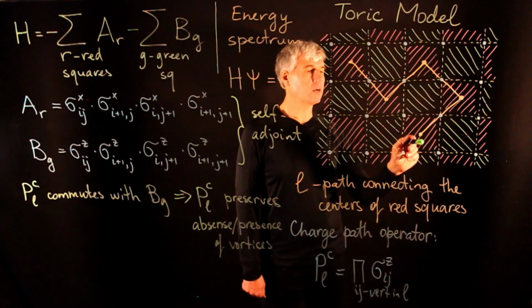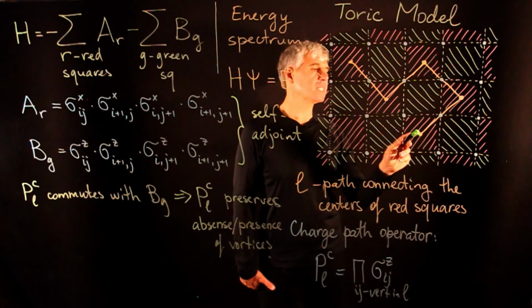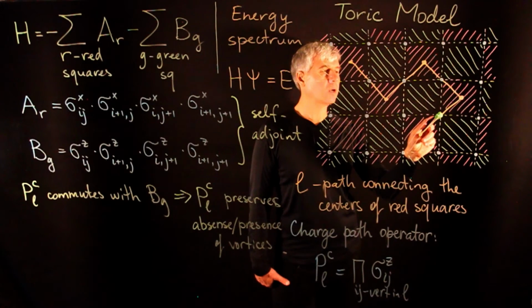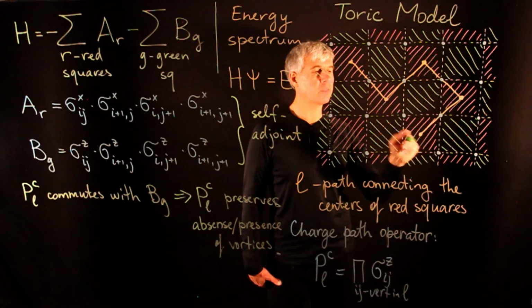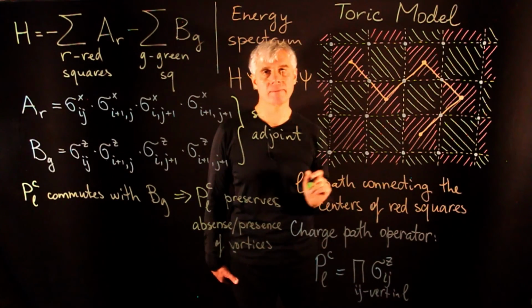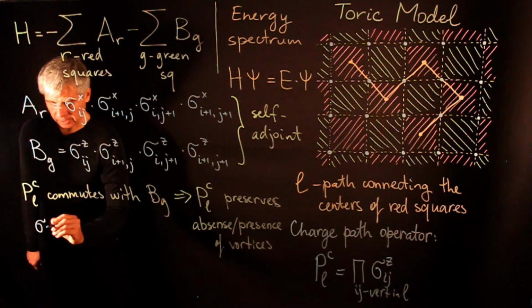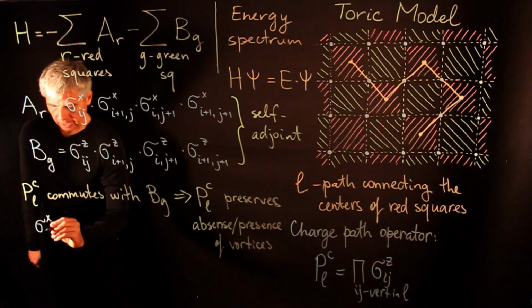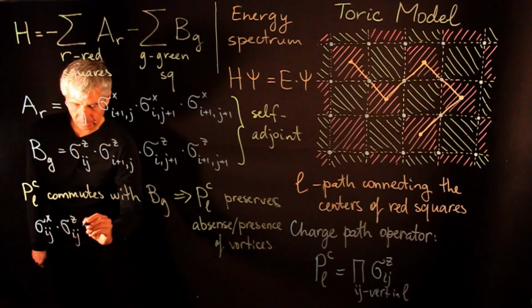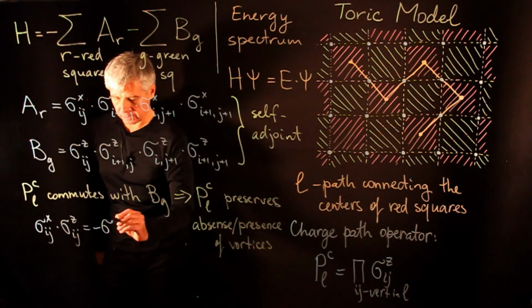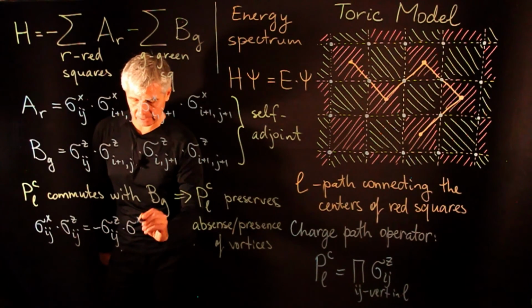However, for the red square at the beginning of the path and at the end of the path, we see that we have an odd number of vertices that belong to the boundary of the square and lie on the path. So recalling the relations that we already mentioned, that sigma x ij with sigma z ij is equal to minus sigma z ij times sigma x ij.